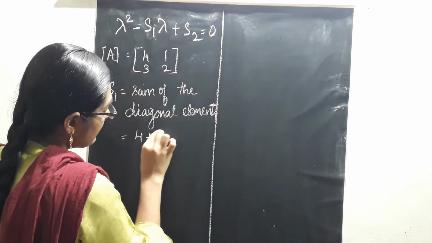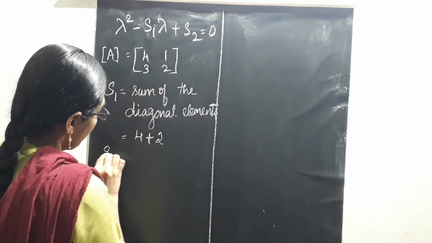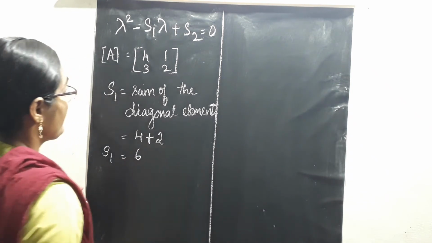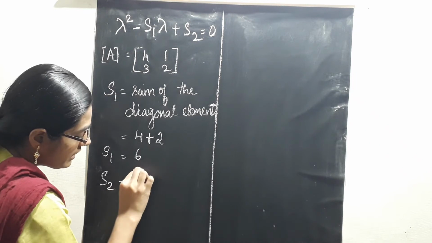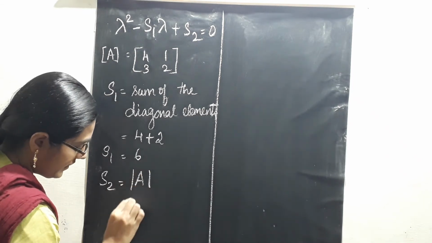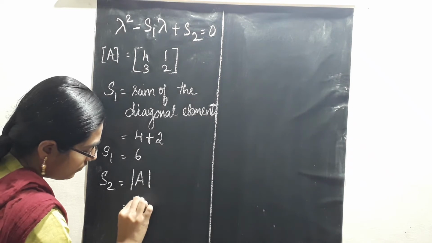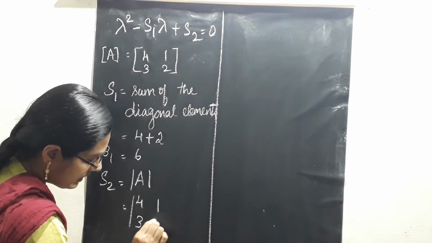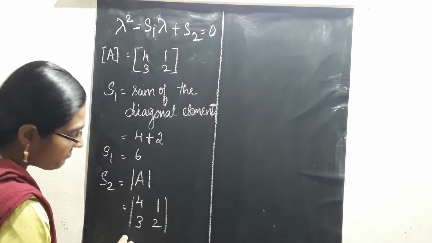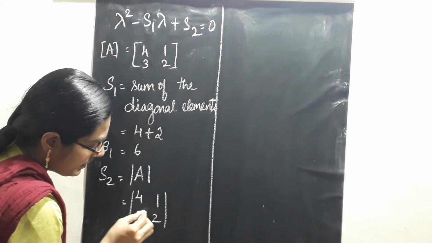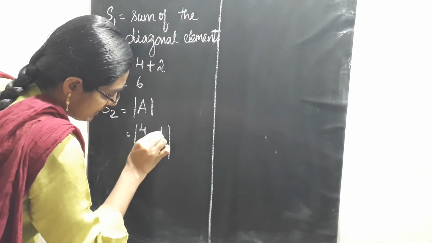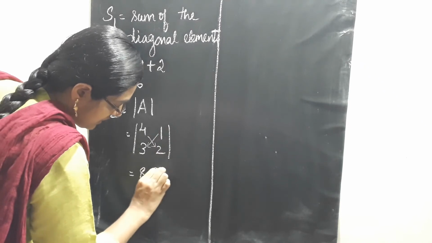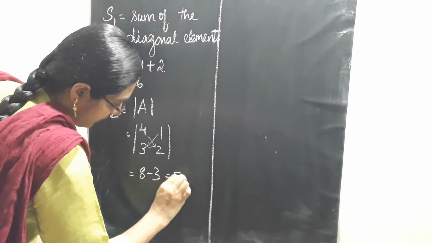So add it, S1 is equal to 6. And S2 is determinant A, that is 4, 1, 3, 2. Cross multiply: 4 2s are 8 minus 1 3 is 3, that is 5.